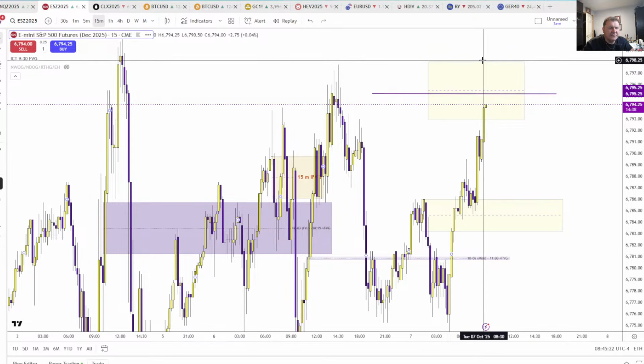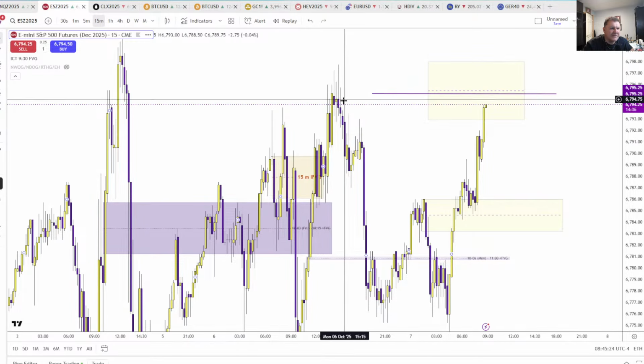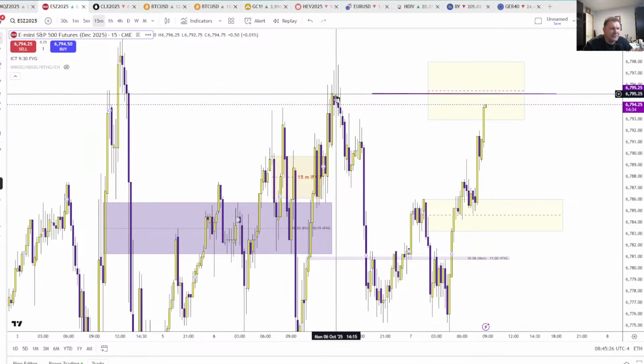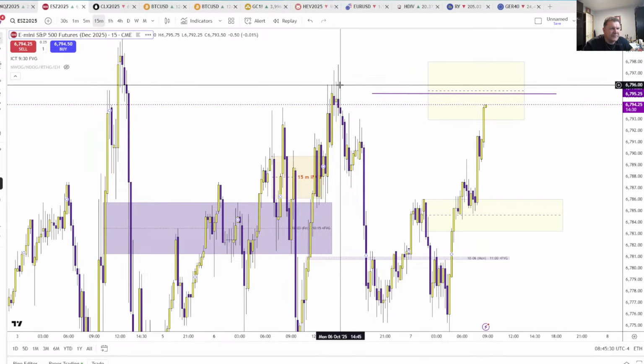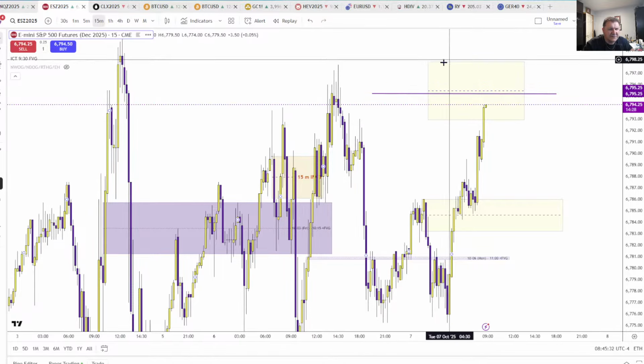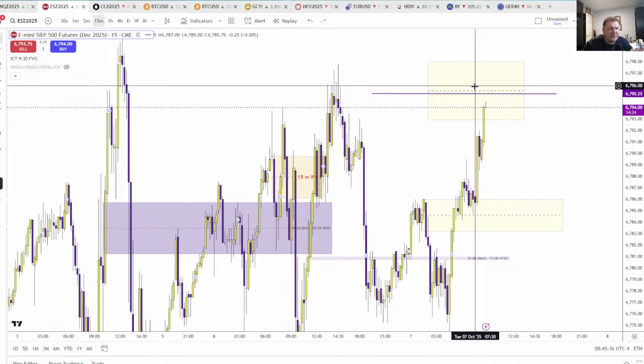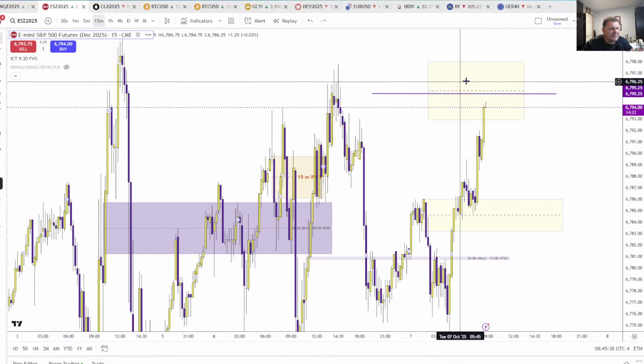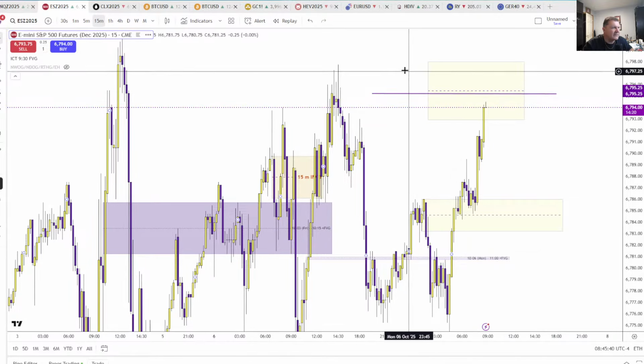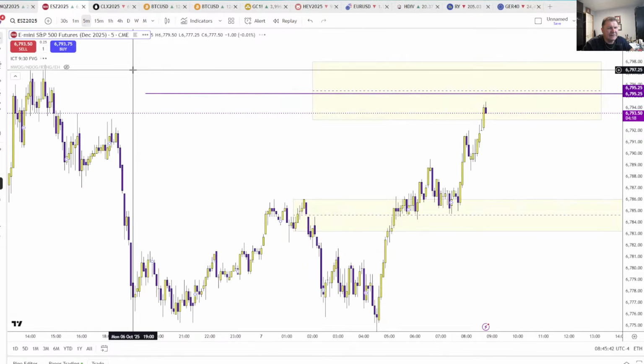Rejection block and the old high. You can take this last up close wick here, or the highest up close wick, take quarters of that or 50% of that. Still keeps you inside this premium box. So we'll see how this ES acts inside the premium box and see if you see a reversal there on a 5-15 minute level.